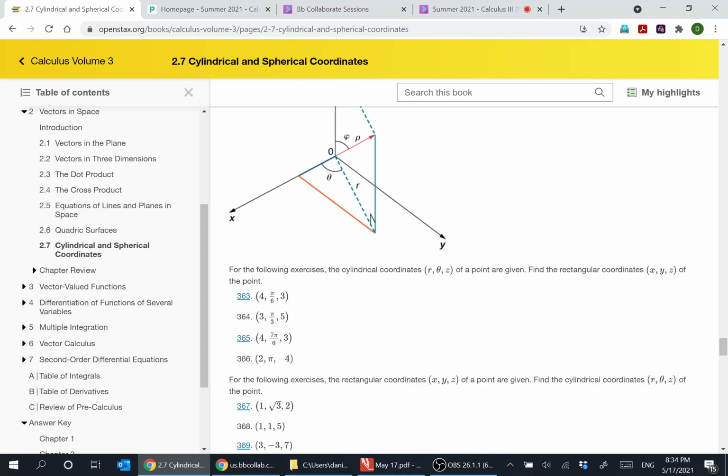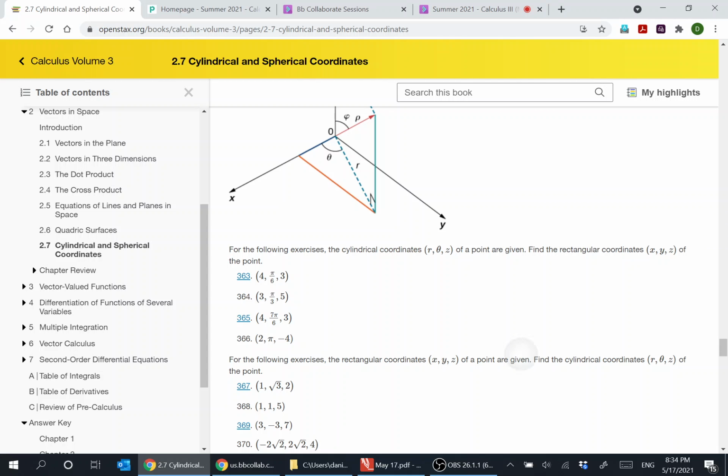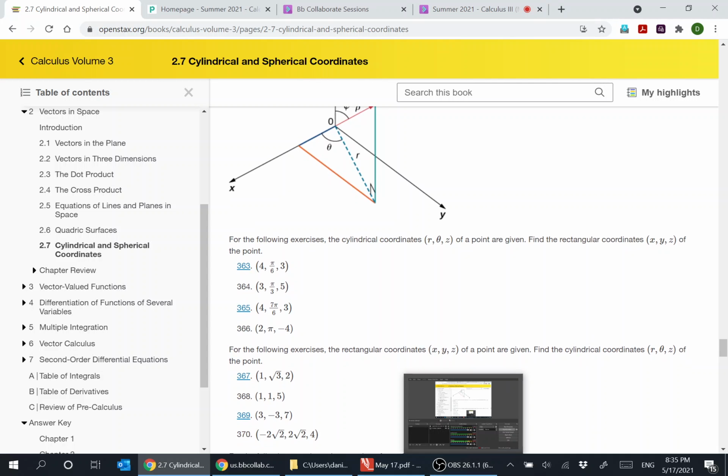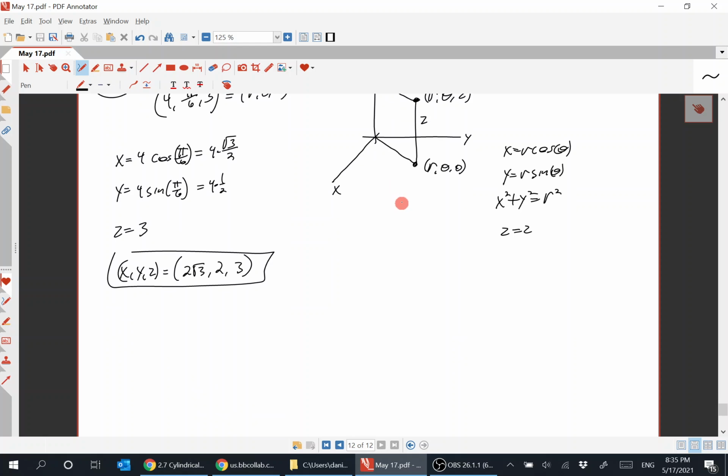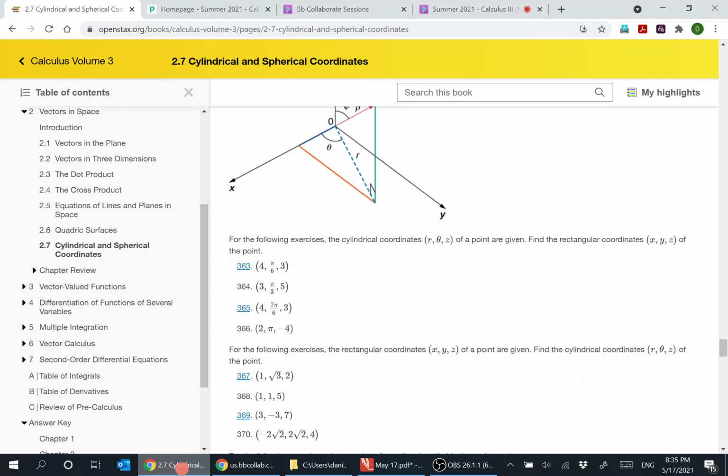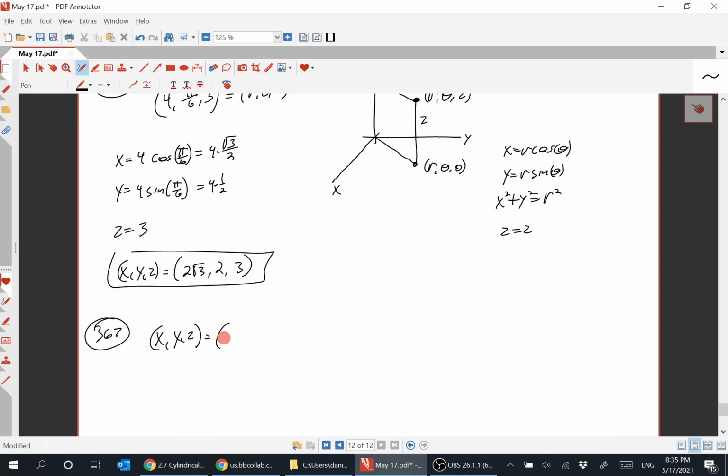Okay, so 367, the following, given x, y, z, find r theta z. So 367, given x, y, z equal to 1, root 3, 2.